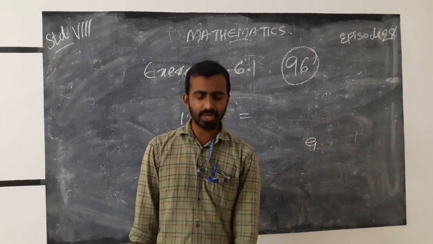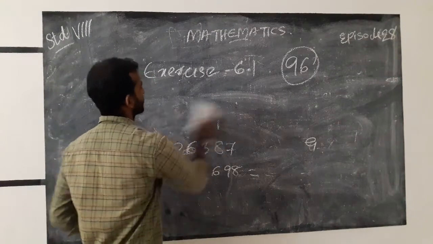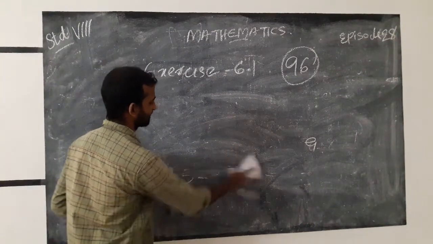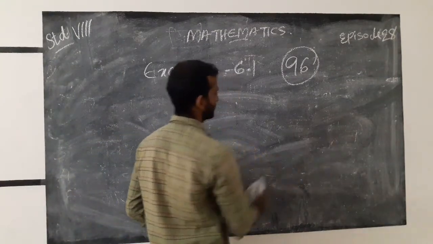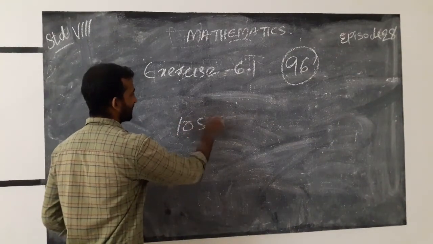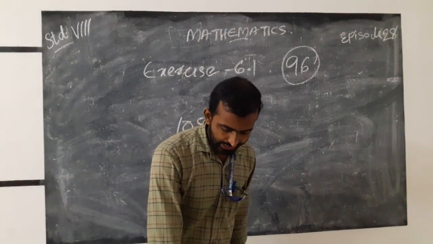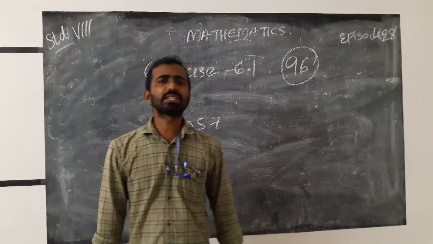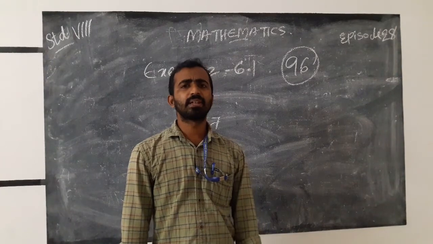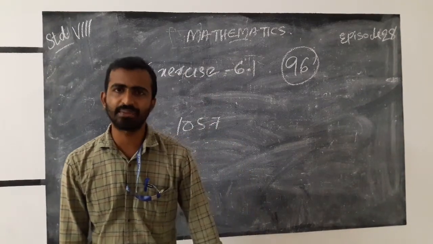The first one is 1,057. It is not a perfect square because its unit place is 7.